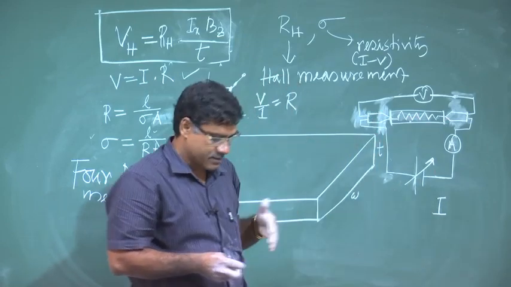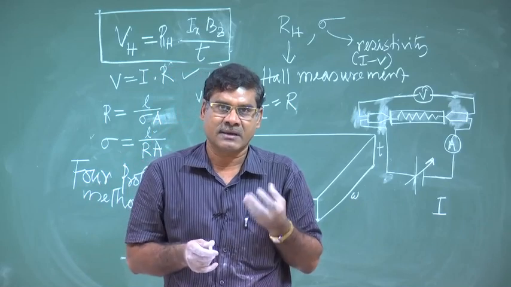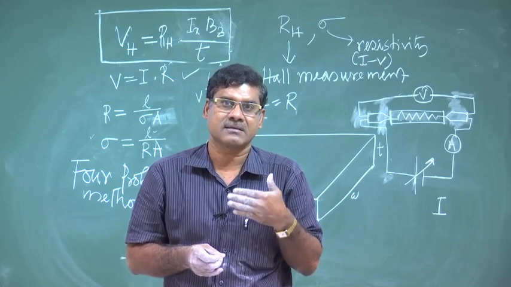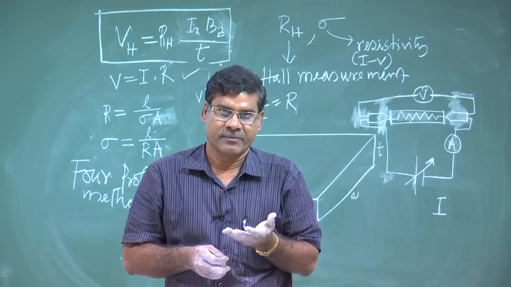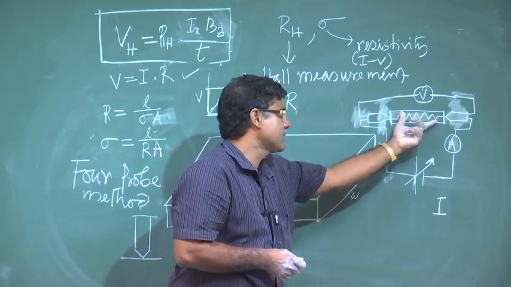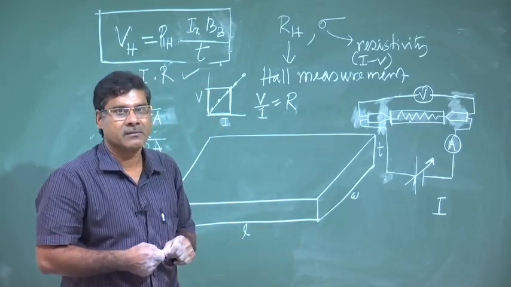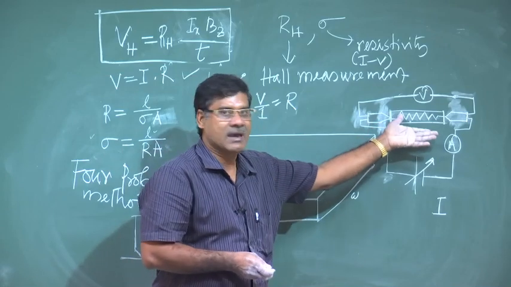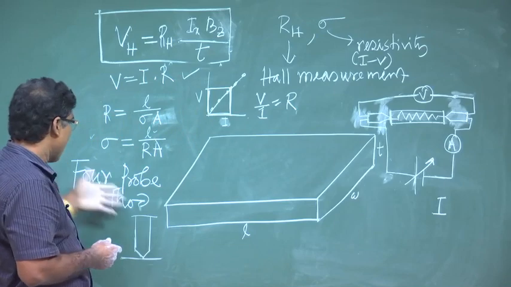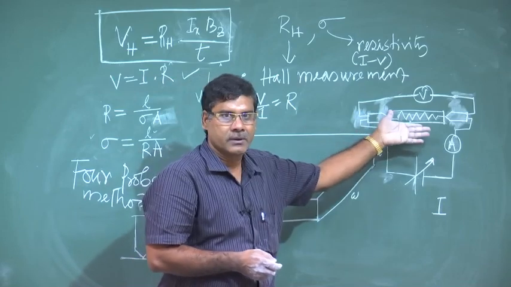So, whatever you do in lab, like verification of Ohm's law, that is basically the 2 probe method, and in the 2 probe method it gives measurement error, especially when the resistance is very small like this type of sample. That error you cannot neglect. So, it is said that the 4 probe method is more accurate than the 2 probe method.